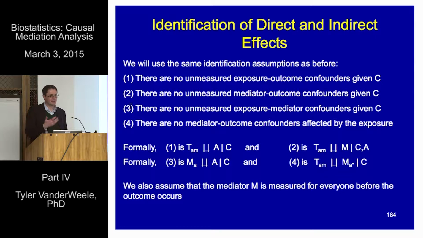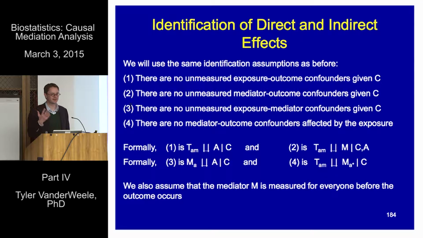And that's because we can't really define the effect of the mediator if the mediator hasn't occurred, if the mediator is undefined because the outcome occurs before the mediator is measured. So this is a limitation of the current methods, but touching on Sebastian's question, it's not even clear how we would define direct and indirect effects if we relaxed it.